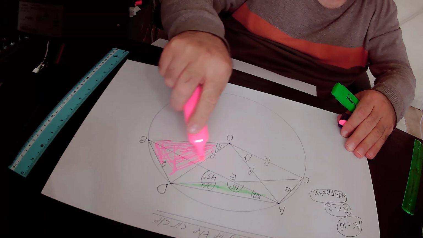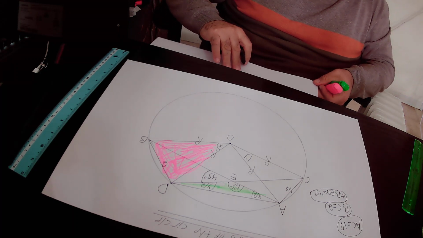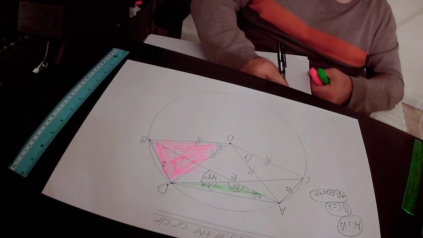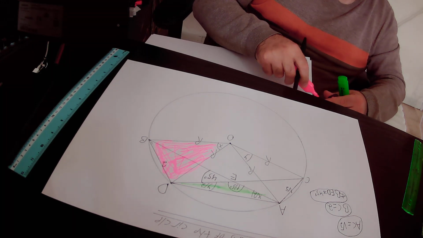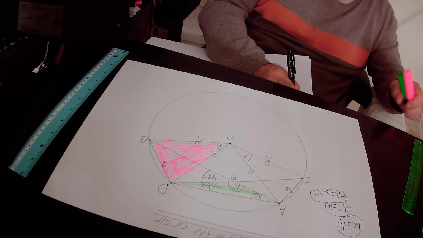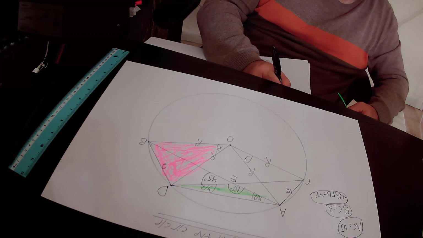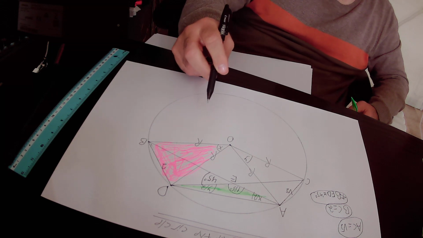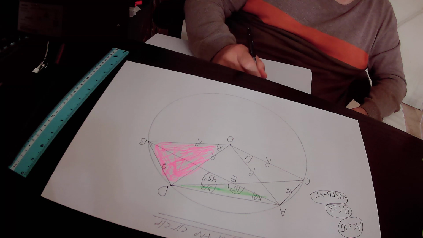On the pink triangle DOB, according to the law of cosines, cosine x equals r squared plus r squared minus 2 squared. 2 squared is 4, so it is minus 4 over 2 times r times r.